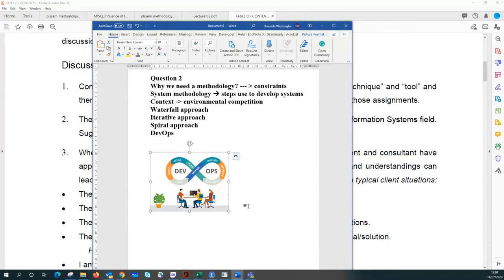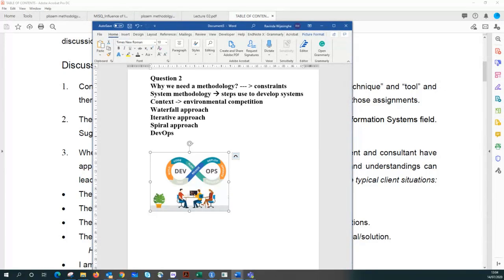It can be manufacturing, human resources, accounting, marketing, whatever. Every value chain activity now depends on IT applications. That is why it is strategic, right?